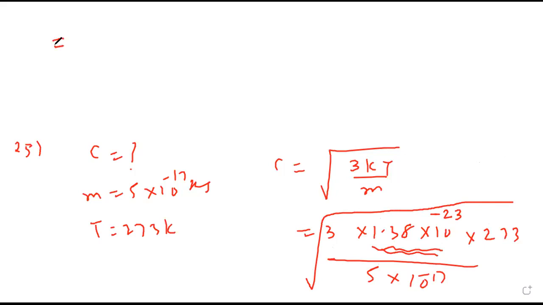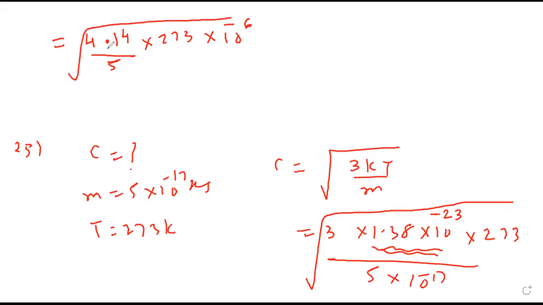So this I can write as 3 8s are 24, 3 3s are 9, and 2 1s are 3, and 1 4, upon 5 into 273 into 10 raised to minus 6. Now, 10 raised to minus 3 you can bring outside, the 6 you can bring outside.